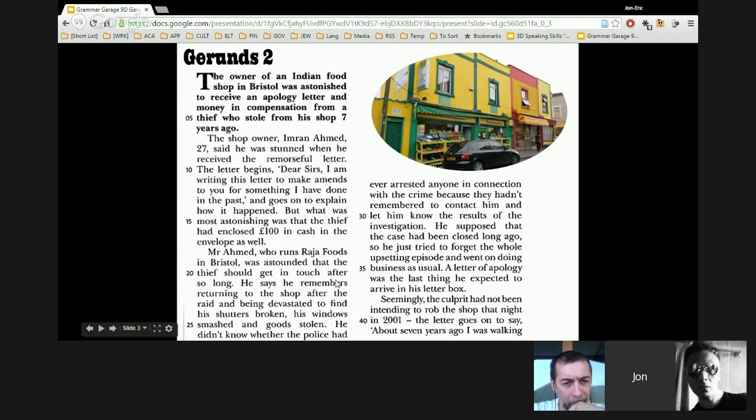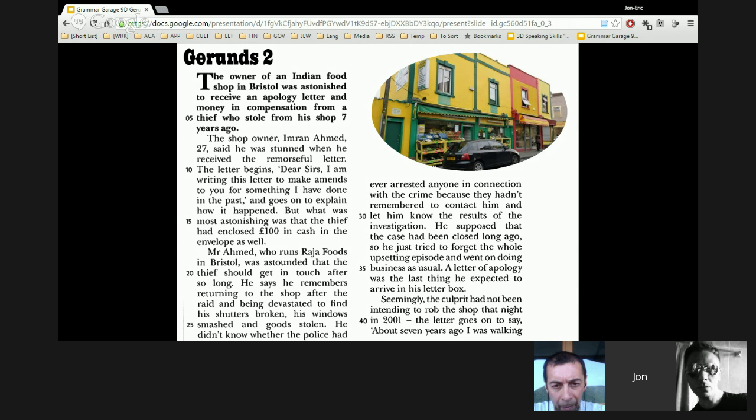Why do you think you can use both? Are you guessing or are you sure about that? No, I am sure about that because I learned it by heart. But be careful though. He remembers returning, but you couldn't say he remembers to return. That would not have the same meaning. Let's express it with the same meaning. In line 21, option 1, he says he remembers returning to the shop.